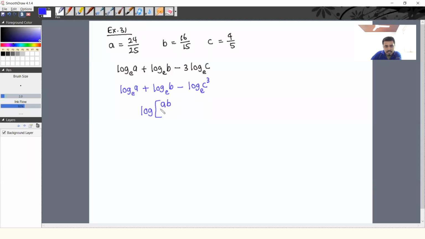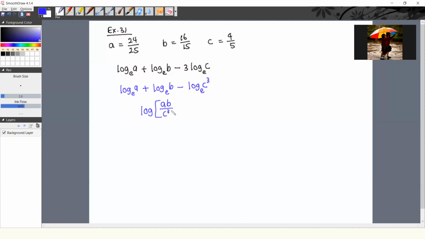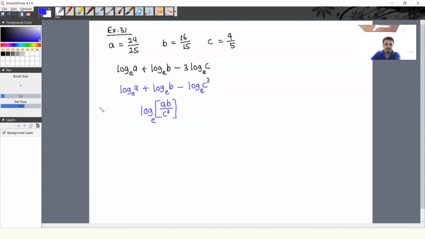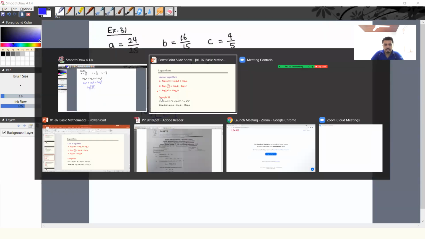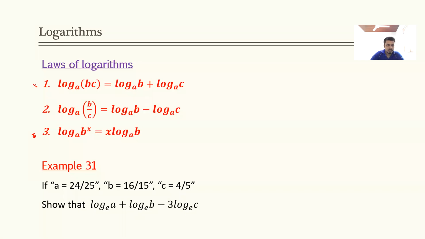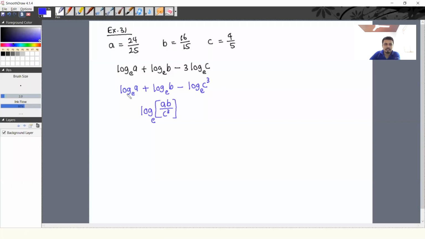Minus c, now we can use division: c to the power 3 to the base e. Using these two laws of logarithm, we have derived this. The same thing we can express as log of a into b over c to the power 3 to the base e.